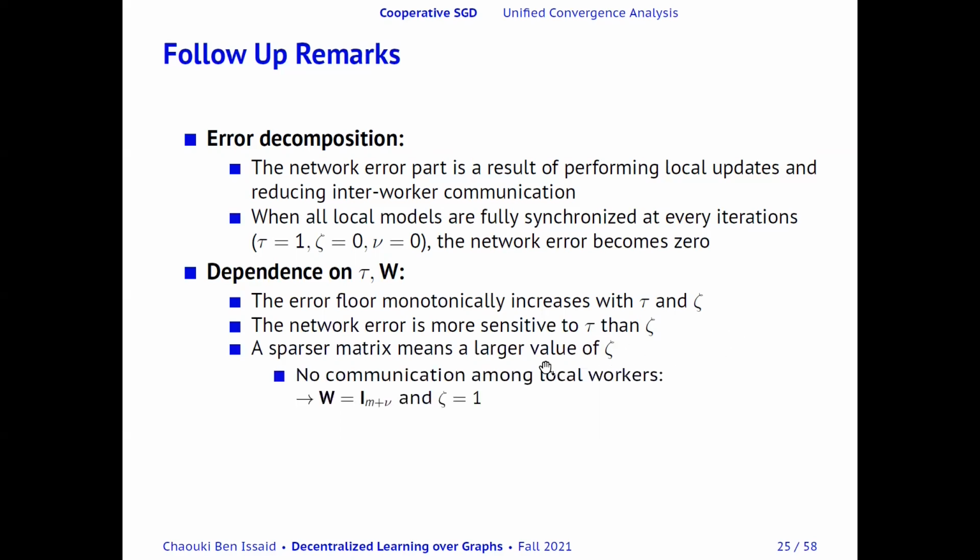In fact, when there is no communication among local workers, this corresponds to the case where W is equal to the identity matrix of order m plus nu, and zeta equals 1, which is the maximum value of zeta. And when local models are fully synchronized, this corresponds to the case when W is the matrix given by 1 times 1 transpose of order m plus nu, over m plus nu, and zeta equals 0.